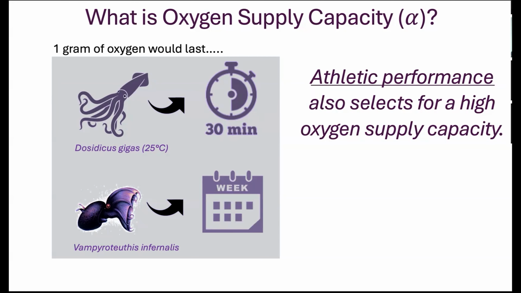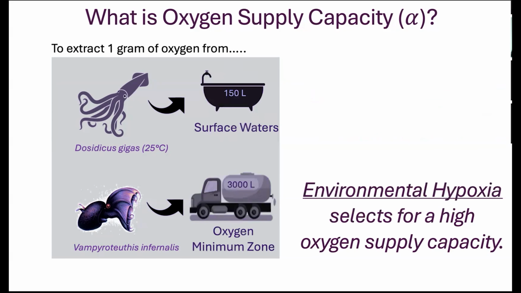So athletic performance selects for high oxygen supply capacity, whereas at the same time, environmental hypoxia selects for high oxygen supply capacity. In order to get 1 gram of oxygen from surface water, the jumbo squid has to process about 150 liters of water, assuming it could extract with 100% efficiency.